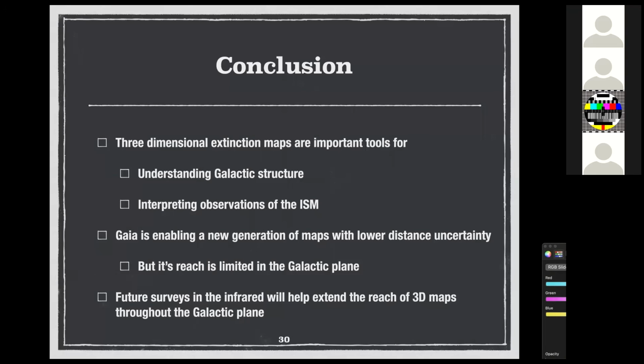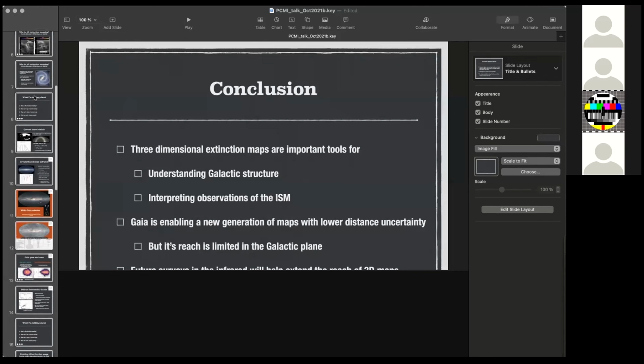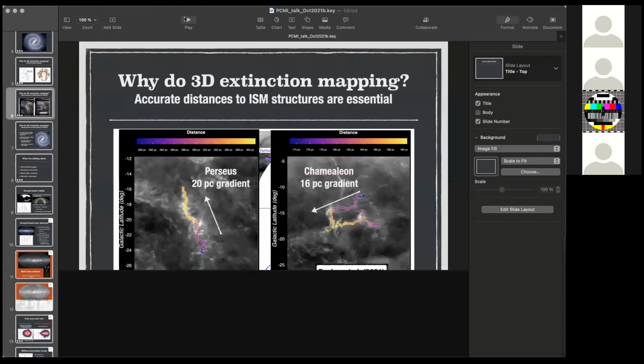Oh, not as good as 25 parsecs. The binning already is at 100 parsecs, and often structures are spread over a couple. So I'd go to a few hundred parsecs probably. And I have a detail on Perseus. You said that there is a gradient of 16 parsecs. Is it of the same order of magnitude as the size of the filament?